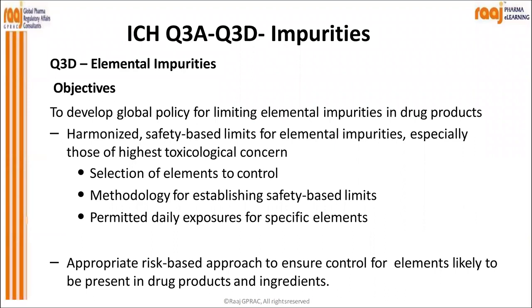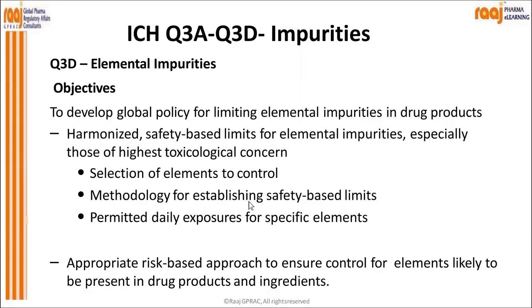So that is why elemental impurities are very important. How you monitor, how you take care of all the risk assessment. The objective of this guideline is to develop a global policy for limiting elemental impurities in your drug products. It is harmonized safety-based limits for elemental impurities, especially those of highest toxicological concern.